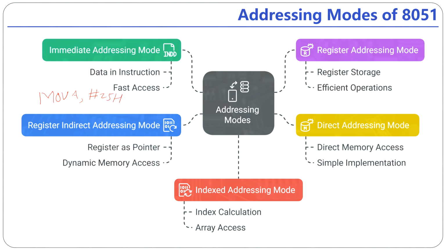Okay. So remember this value is a constant. Remember the sign should be in this form, the H sign. The H sign means this value is a constant value, right? This constant value is called the immediate addressing mode, right? Data in instruction, fast access, right?